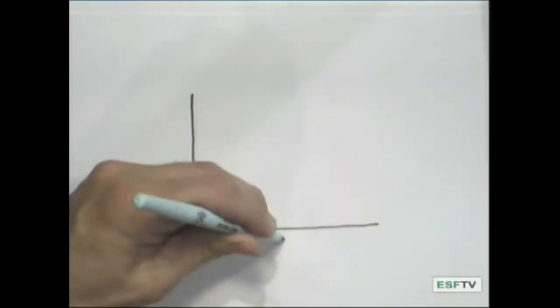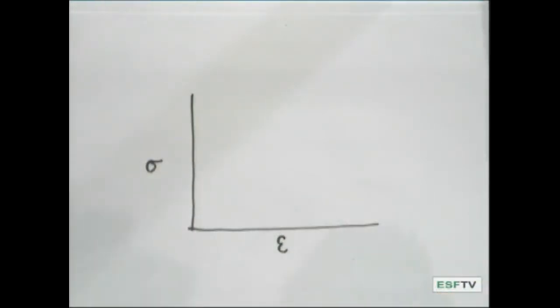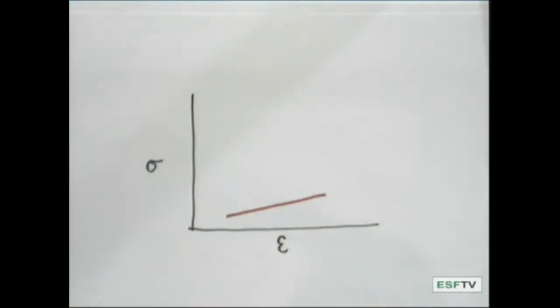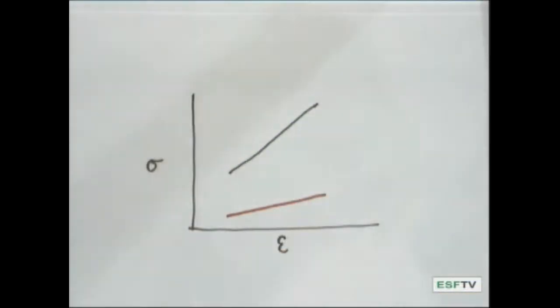Specifically, we can come along to our stress-strain curve over here, epsilon versus sigma. If we deform one kind of substance, let's call it a sea anemone, for example, that's going to have a small Young's modulus of elasticity. And we compare this with the amount of energy that we can store in, say, a tendon. We saw that the tendon has a much larger modulus of elasticity than does the sea anemone.